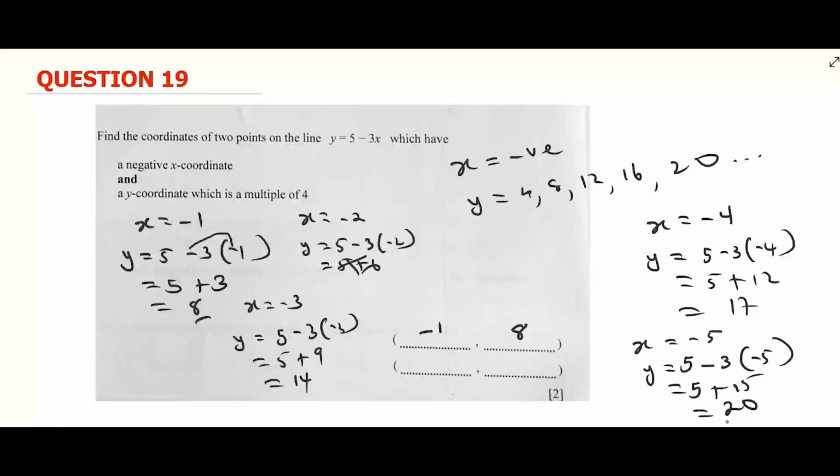So 20 is a multiple of 4. So that means it meets the criteria. We're going to have negative 5 and 20 here. So these are the coordinates of x and y that meet the condition given up here. So let's go to the next question.